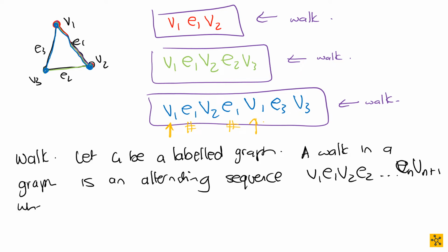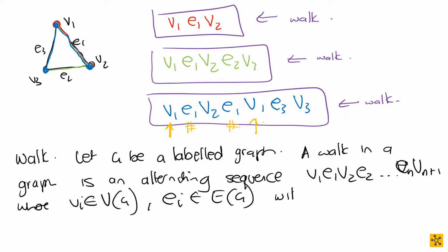where your Vi is essentially your placeholder for any of the vertices in your vertex set, and your Ei is also an element of your edge set. With your Ei in this case, the way that you label your graph is going to be so that it goes from vertex i to vertex i plus 1.